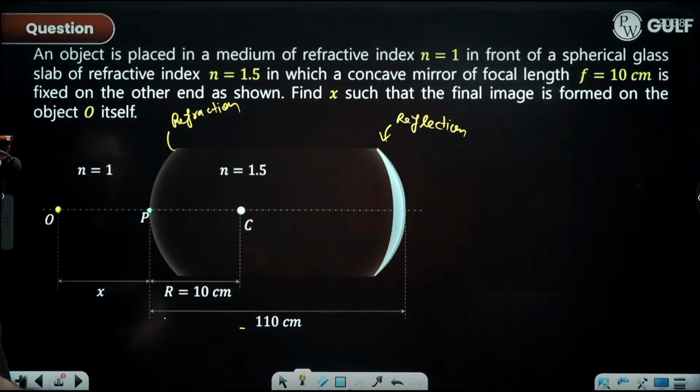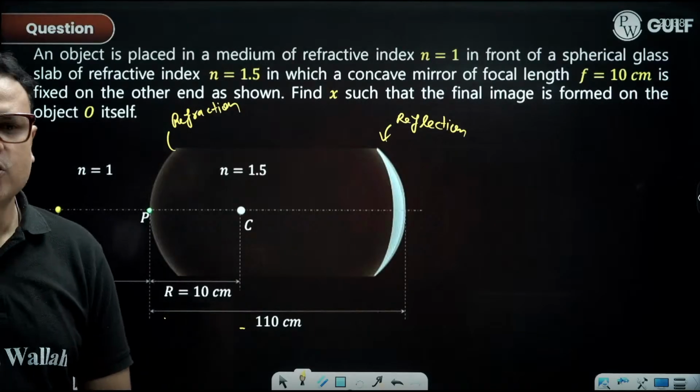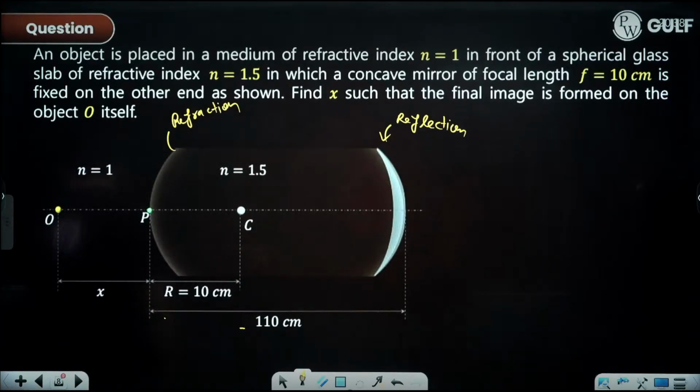What should we do? Can anyone tell me what should we do? Because the object distance is given as x.